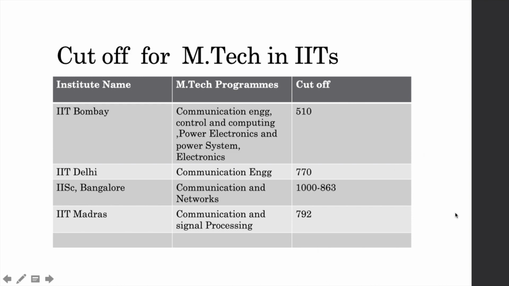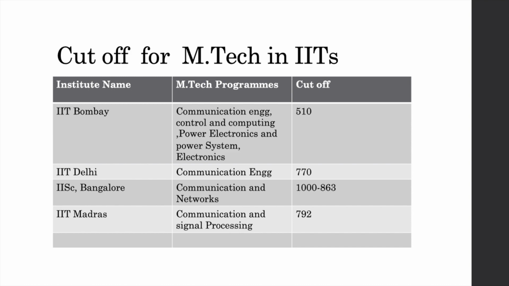If you see here IIT Bombay, you may feel that this cutoff is very low, but they might have a written test after this also, or an interview, or only an interview after this GATE exam. So all rules are specific to the institute's application process.